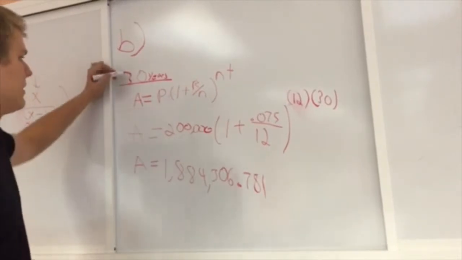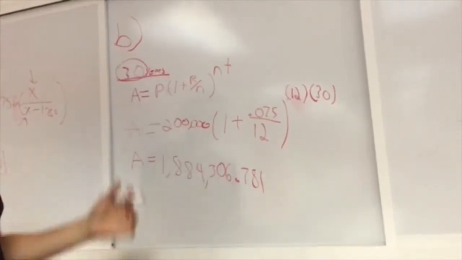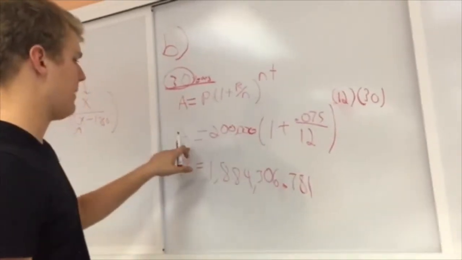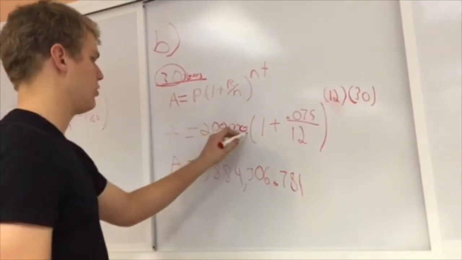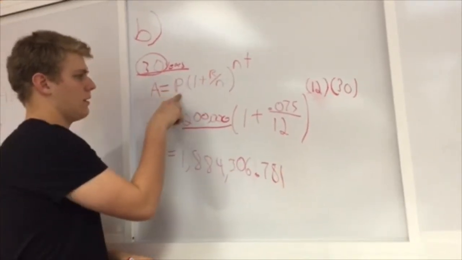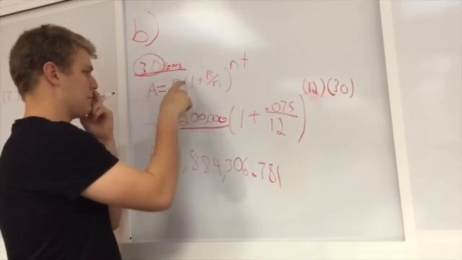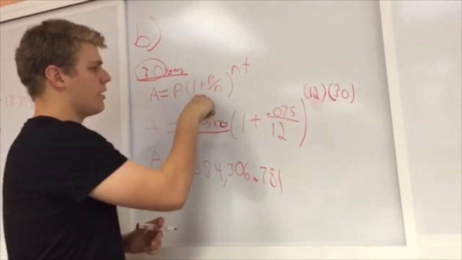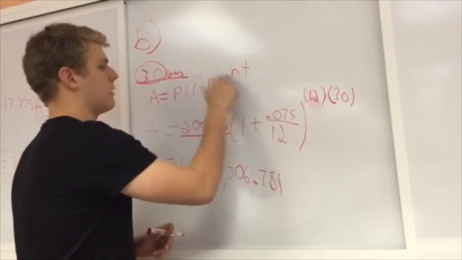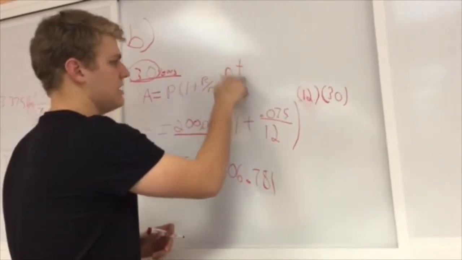To do that, you have to get how many times per year. Since it's a monthly interest rate, you use the formula P times 1 plus rate over the number of times per year you pay, to the power of the number of times you pay per year and how many years.